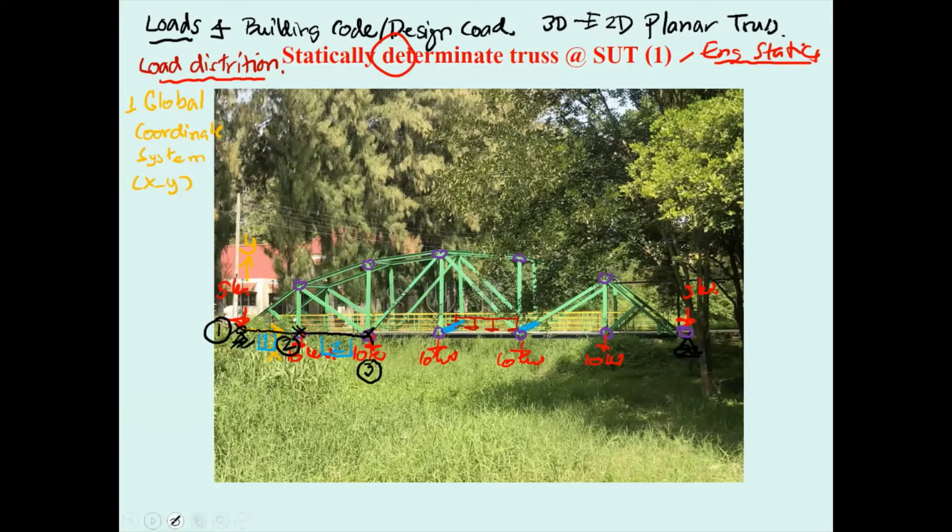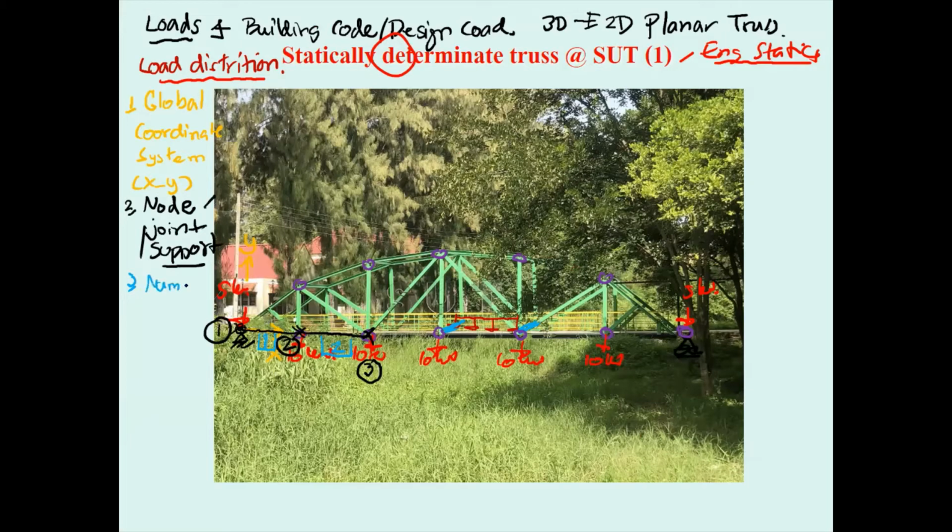So what I'm saying here, the second thing, you have to know about the node. The node is typically the support or the joint. Okay, it can be a joint, it can be a support of the task. And then you have to know about the member number, which I should say is third.